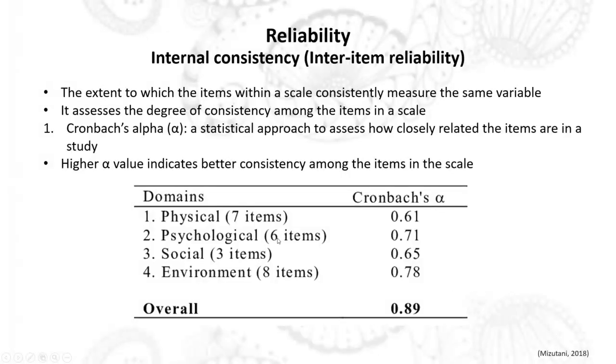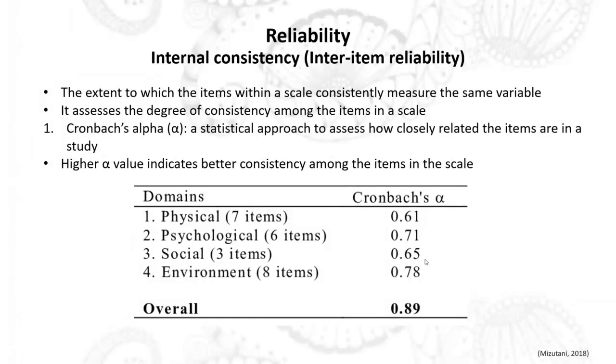For comparative alpha, above 0.7 is good or acceptable, we call it. If below 0.7, it is a bit marginal. So for the physical and social domains, in fact, the comparative alpha scores are a bit marginal, not very acceptable.